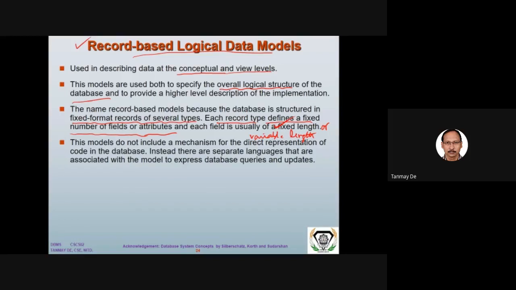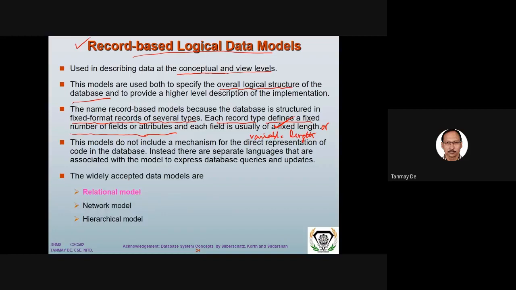But in case of the record-based data model in general, such as the relational model, code representation is not directly inbuilt with the data model. Instead, a separate language is associated with the particular model.